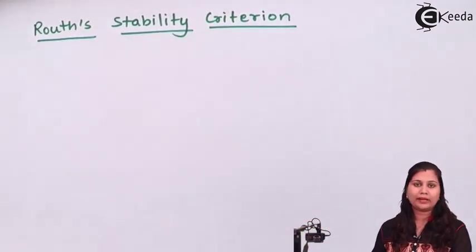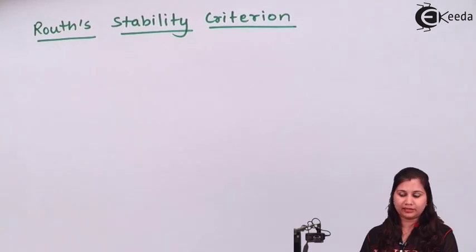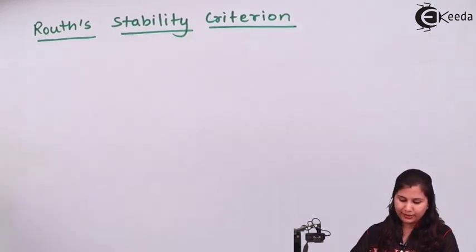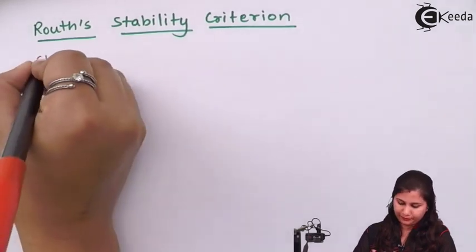We will see one by one all the steps of this criteria, that how we can determine the stability using this method. So first step is to determine the characteristic equation of the system.